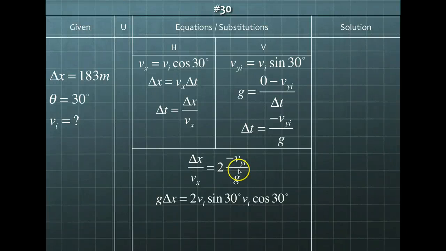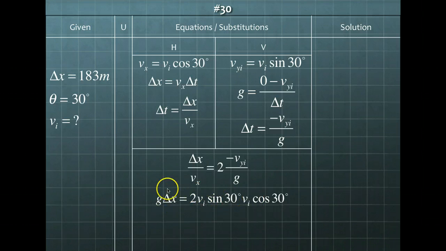It's actually supposed to be negative, but I'm just going to assume that g is negative as it is, so I'm going to just drop the minus. So I have g delta x, and then 2, and instead of V initial y, I'm going to say V initial sine of 30. Vx, which is constant, is V initial times cosine of 30. So this is what we're looking for, right?